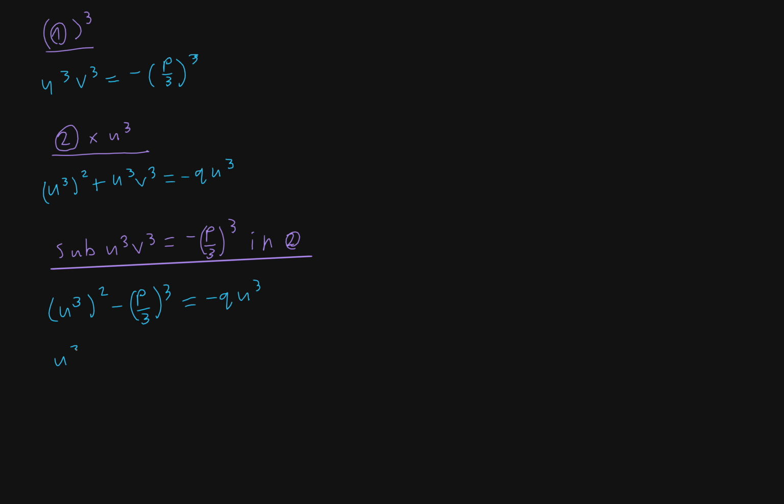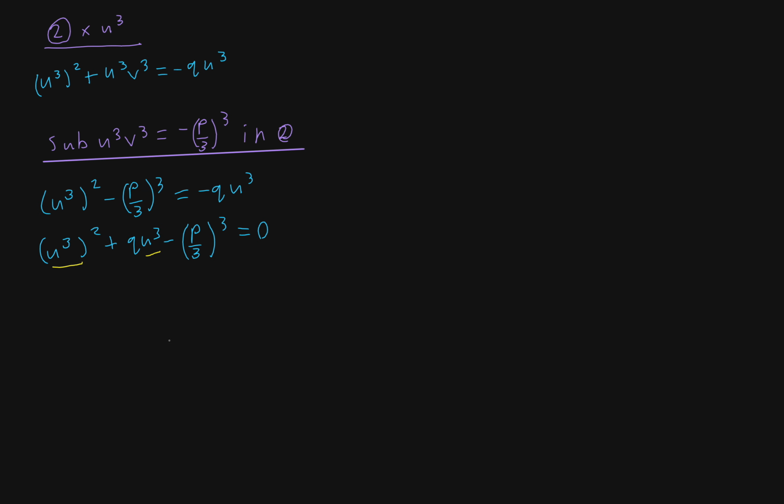So we're going to have (u cubed) squared plus q times u cubed minus (p/3) cubed is equal to 0. And so we can see that we have a quadratic in terms of u cubed, which we can solve using the quadratic formula.